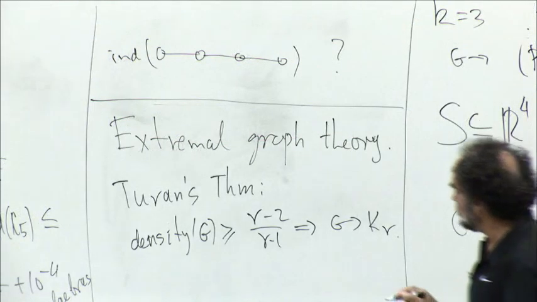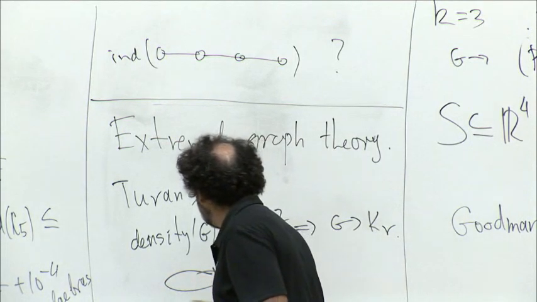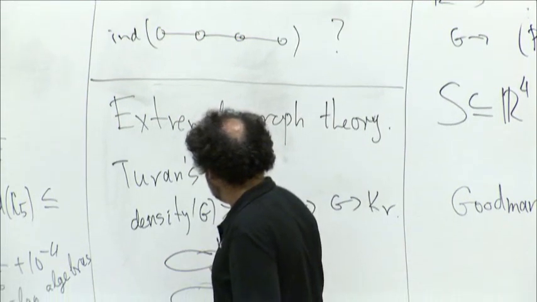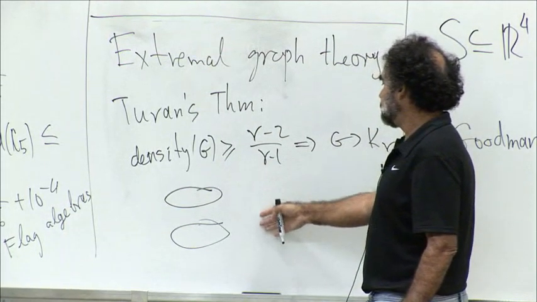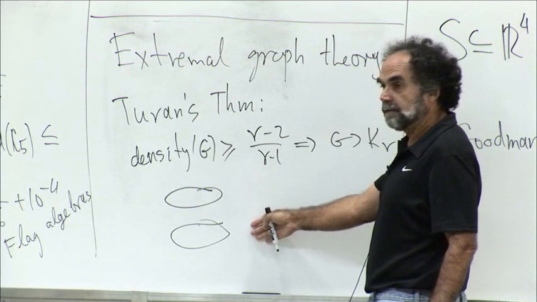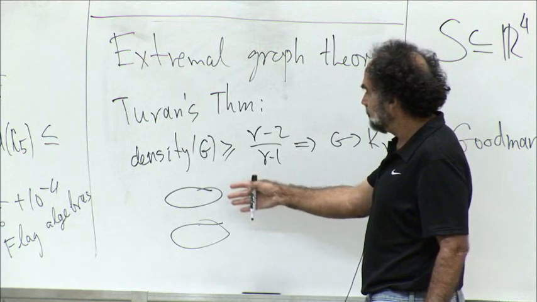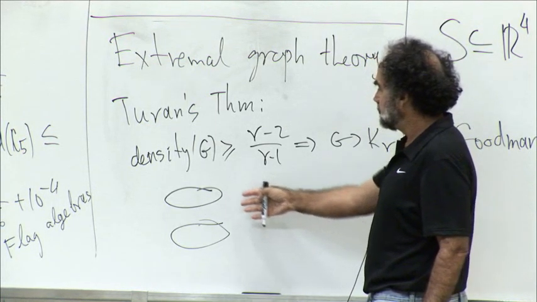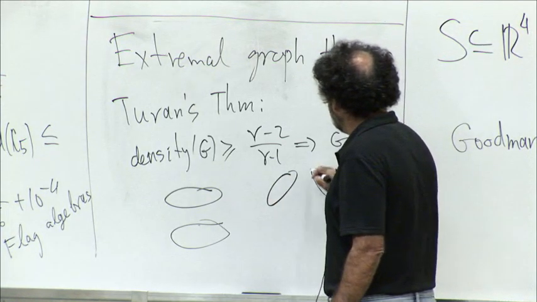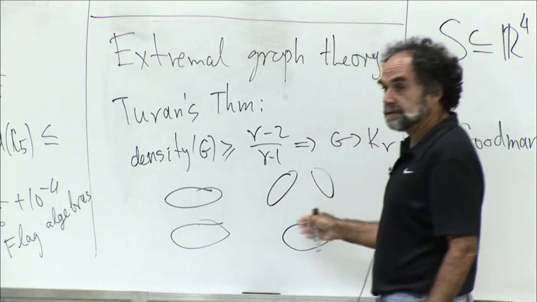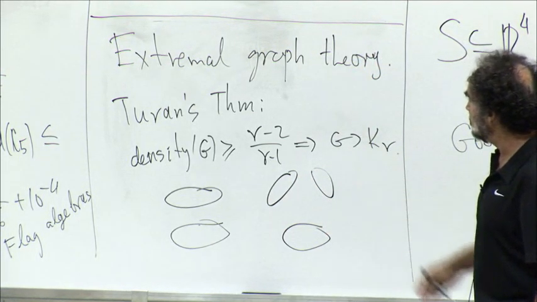Okay? The first example is this. The complete bipartite graph with 2 equal sides doesn't contain a triangle, and that's the graph with the highest density which doesn't contain a triangle. If you want one that doesn't contain K4, take 3 equal parts, and that has the highest density.